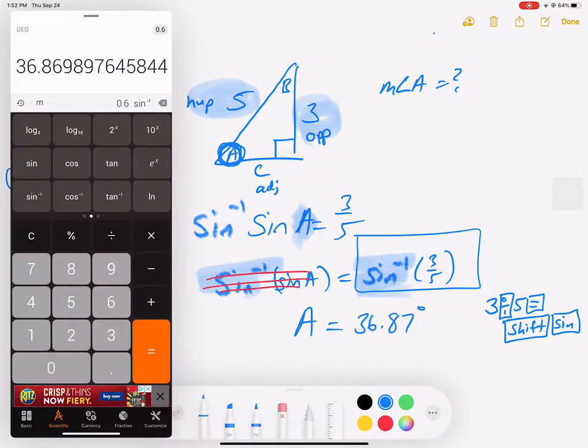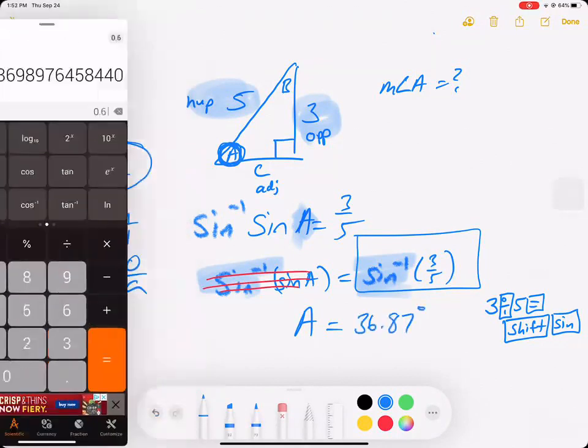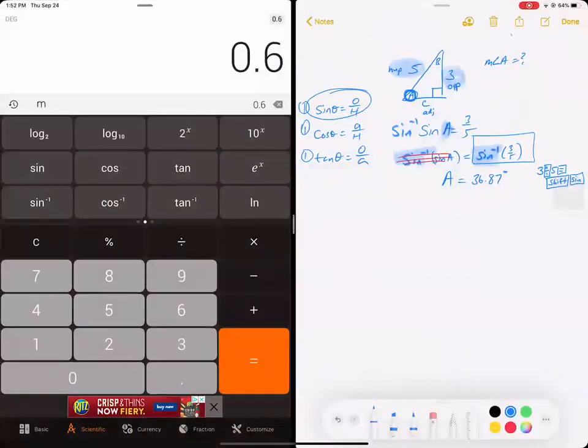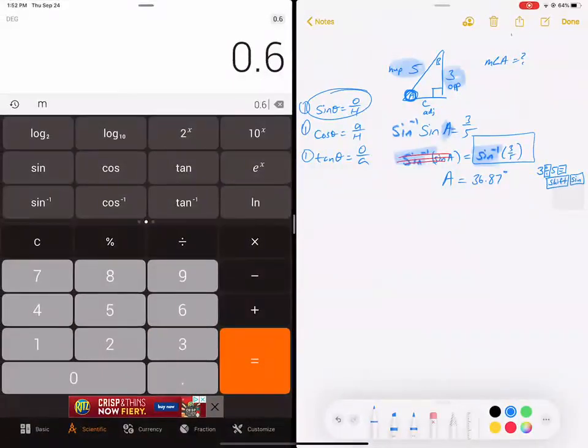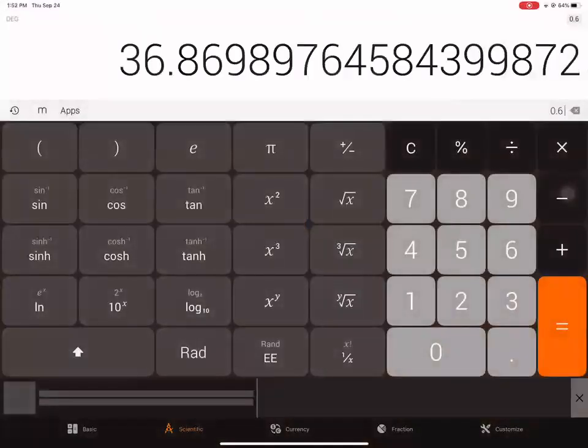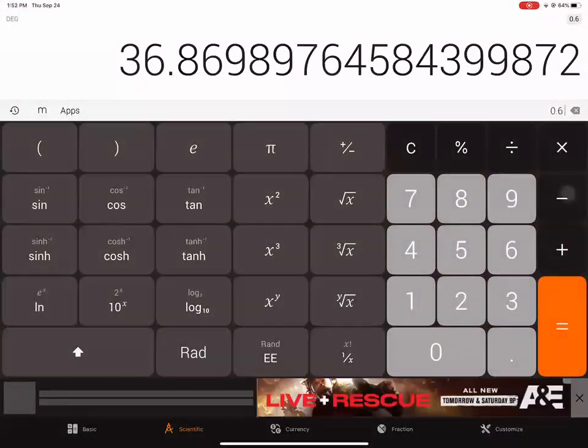Let me do that again on this calculator, but this time I'm going to blow it up. Now, if you look at my calculator, sine and sine inverse are two different things in one button.